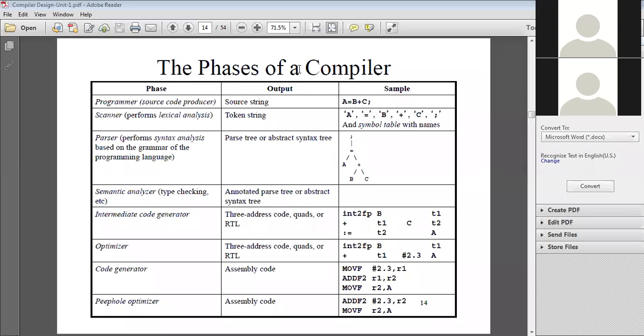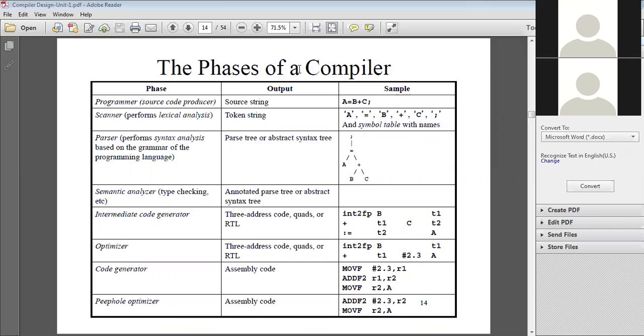So intermediate code generator, again 3 address code, quads or RTL. So intermediate code generator creates the 3 address code. So with the help of the 3 address code, we generate intermediate code. So there are different ways to create or develop the intermediate code, that is the 3 address code or quads or RTL.